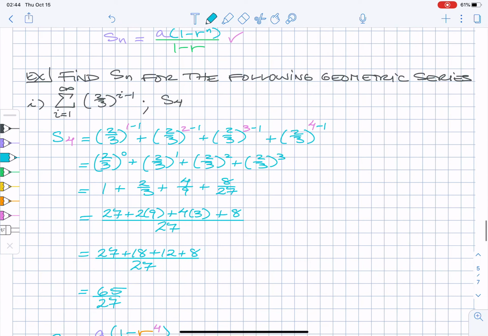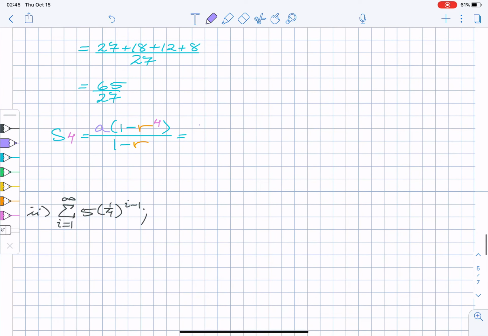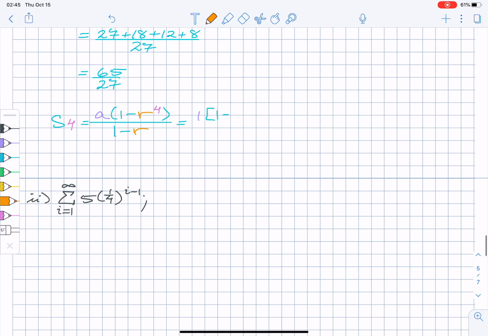What is attached here in front? Just a 1. So this is 1 times the quantity 1 minus the common ratio, 2/3, raised to the fourth power and dividing that by 1 minus 2/3.